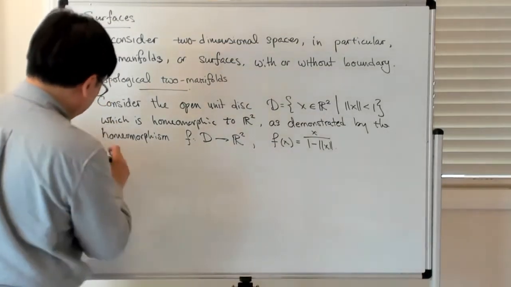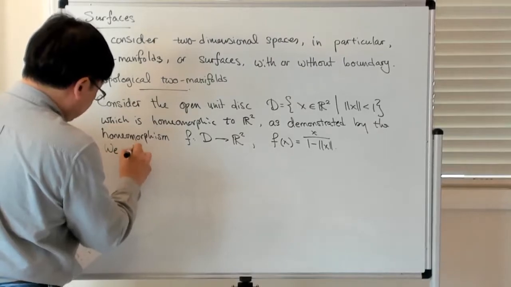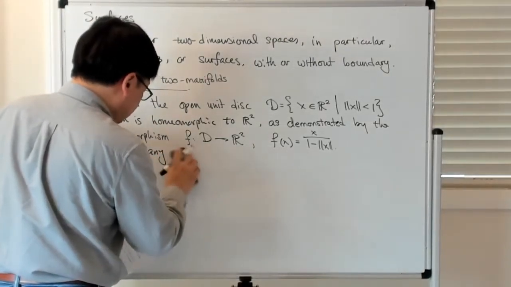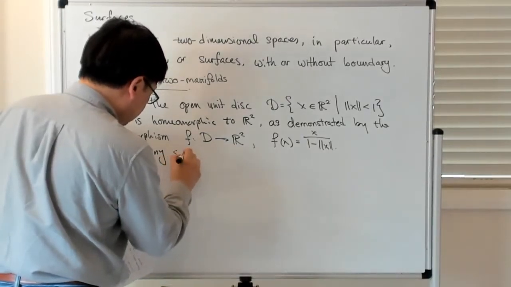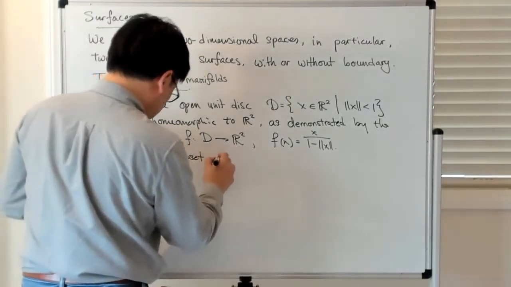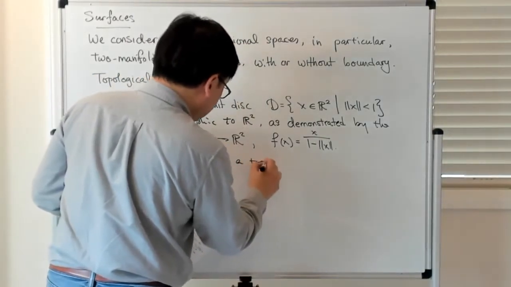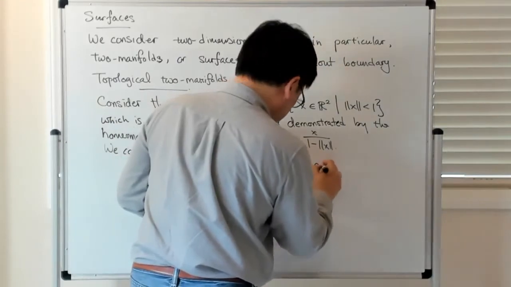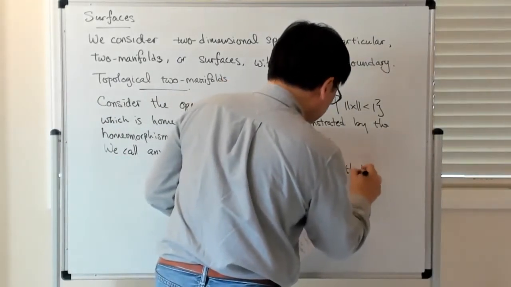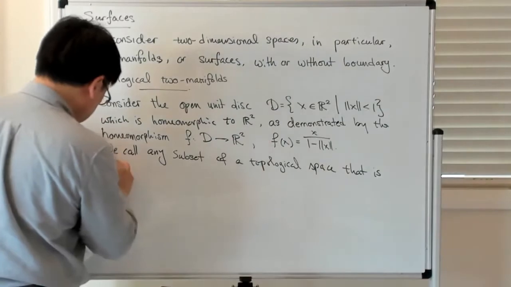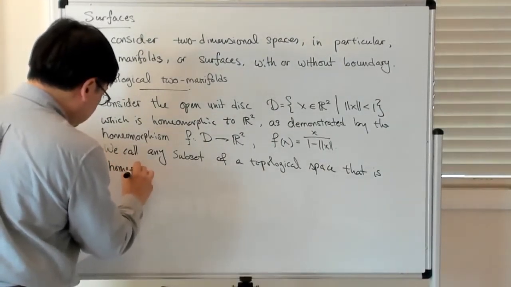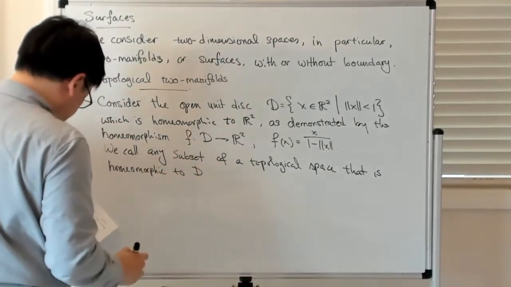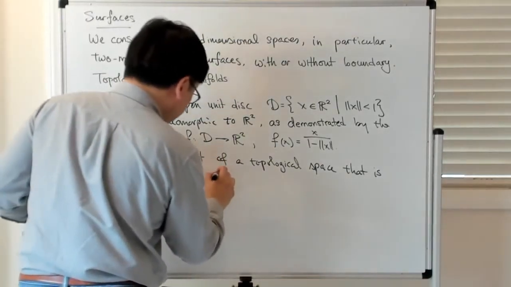So we call any subset of a topological space that is homeomorphic to D an open disk.